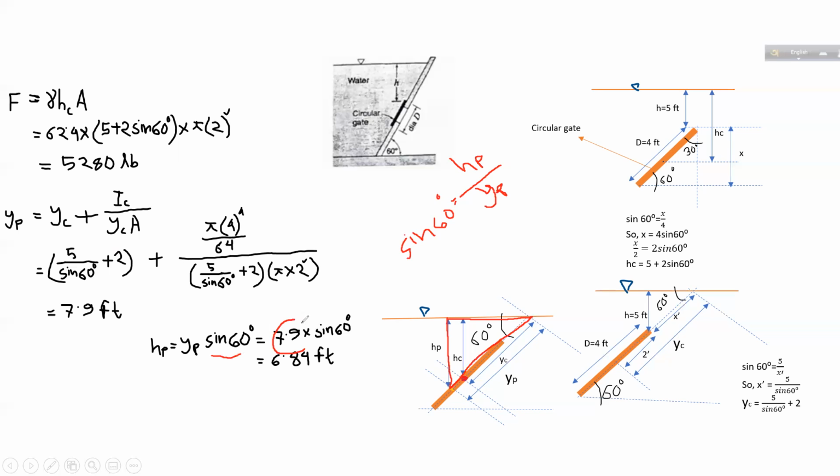Put the value of YP here, and finally we will get the value of HP. HP represents the vertical distance from the water surface to the center of pressure of this circular gate. So our final answer is that the magnitude of the pressure force is 5280 pounds, and the point of its application is HP, which is equal to 6.84 feet.